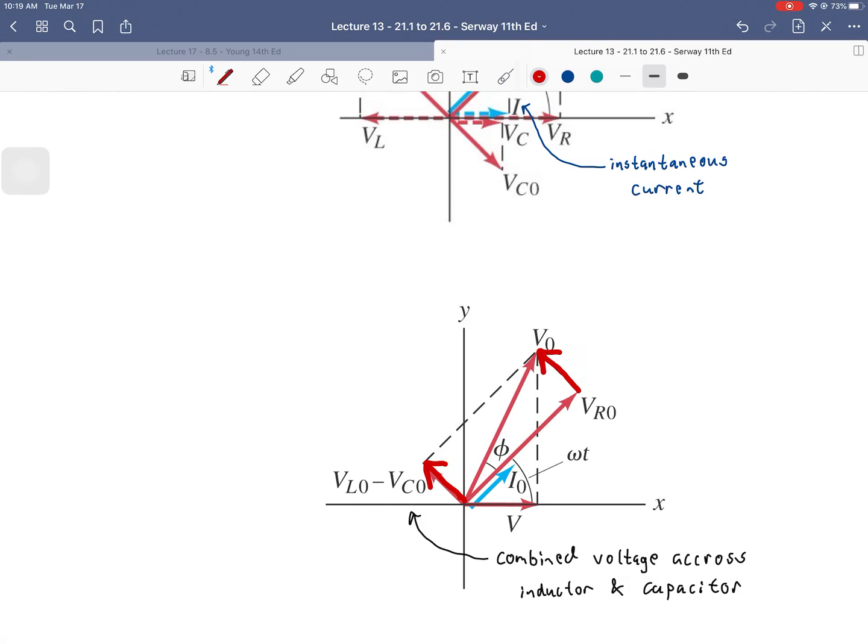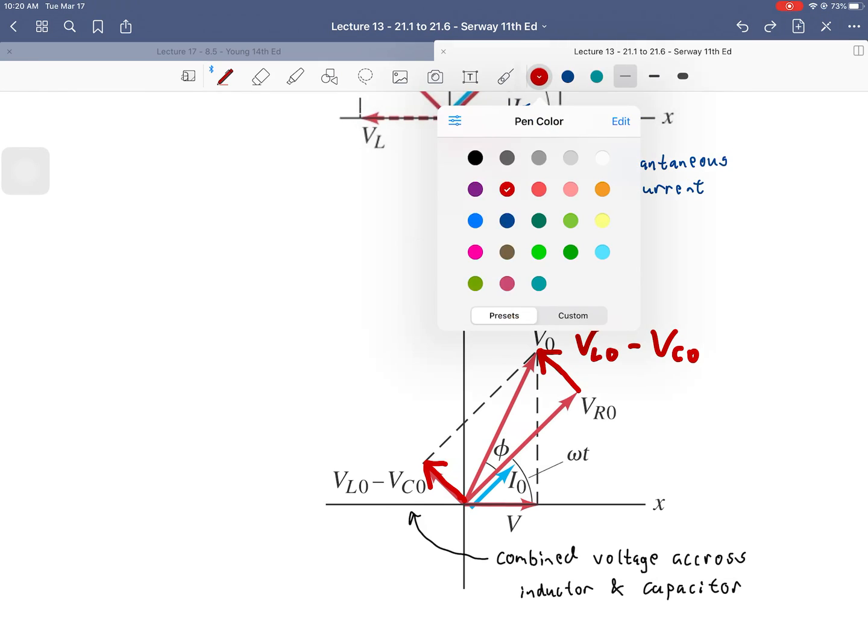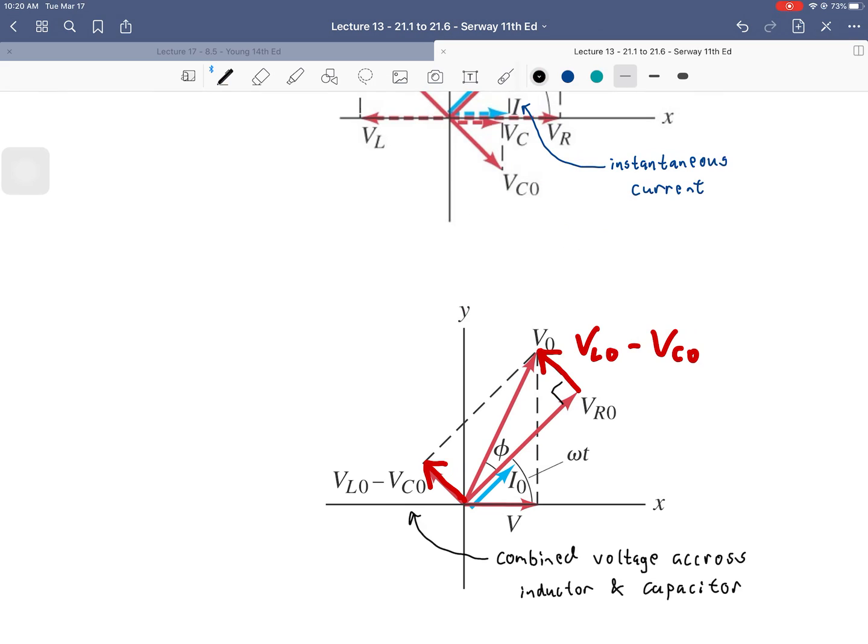That's not how vectors are defined, but its length and magnitude do. And those two vectors are identical in length and magnitude. So when we look at our V_L minus V_C, so voltage across the inductor here, voltage across the capacitor here, when we look at that side of the triangle, of course what we have is a right triangle right there.